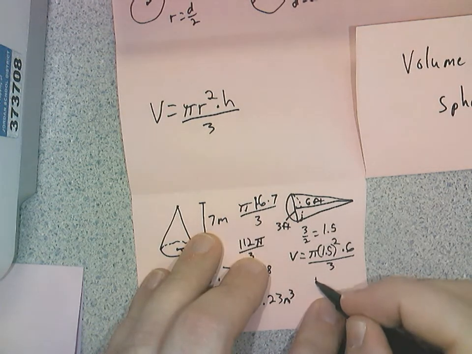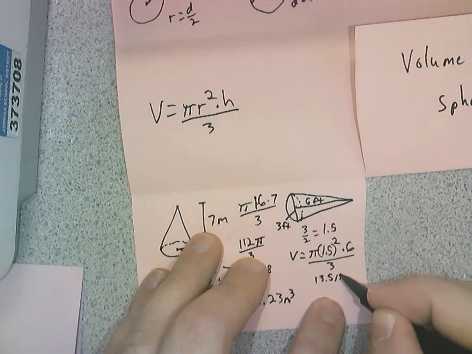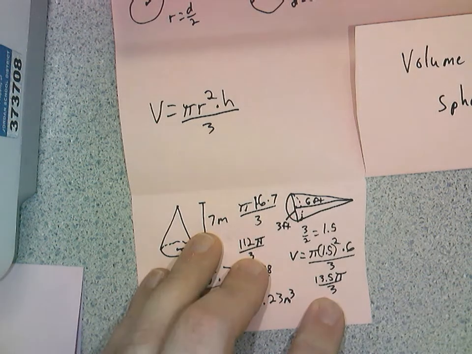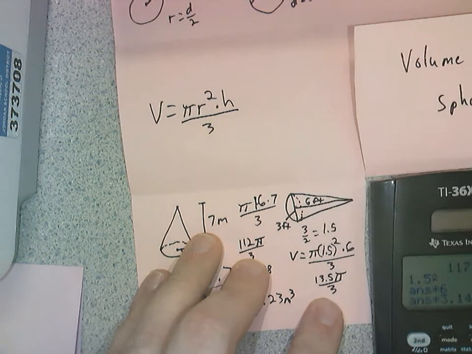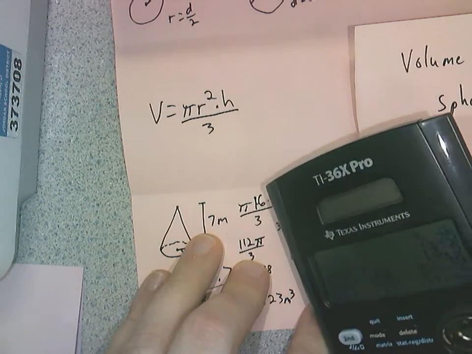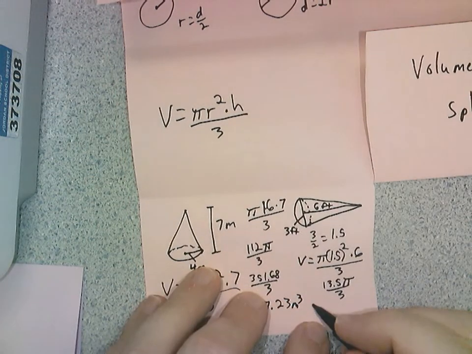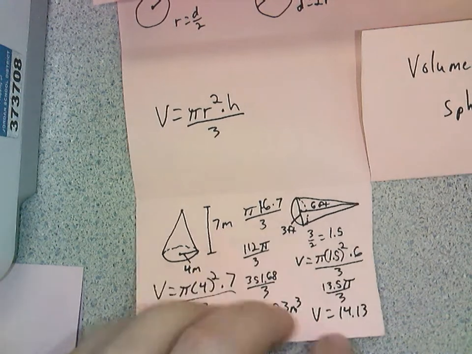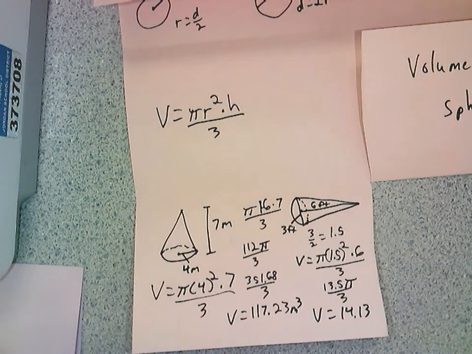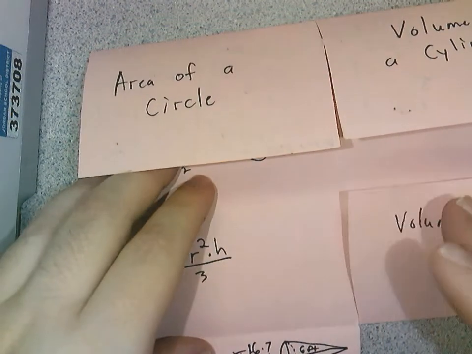So it would be 13.5 pi all over 3. 13.5 times 3.14, 42.39, and then divide that by 3, and it becomes 14.13. So this volume is going to equal 14.13.